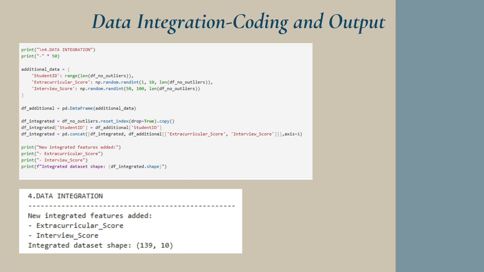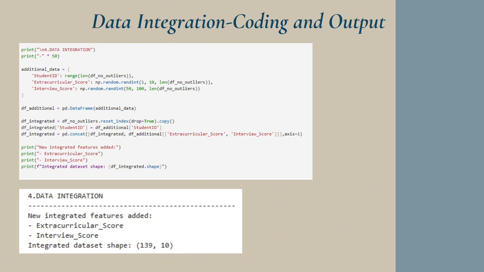Second is np.random.randint(1, 10, len(df_no_outliers)) to create a random score from 1 until 9 for 139 students. Lastly, np.random.randint(50, 100, len(df_no_outliers)) creates a random score from 50 to 99 for 139 students.